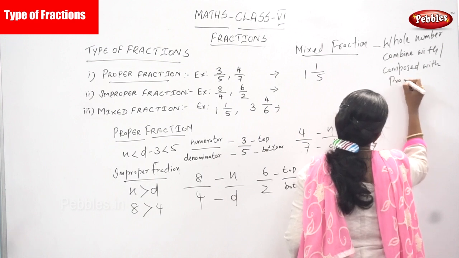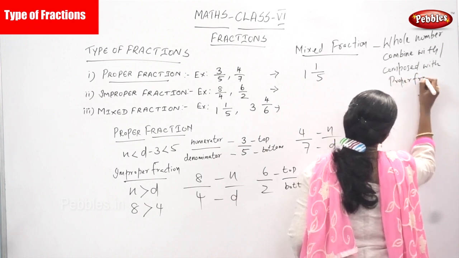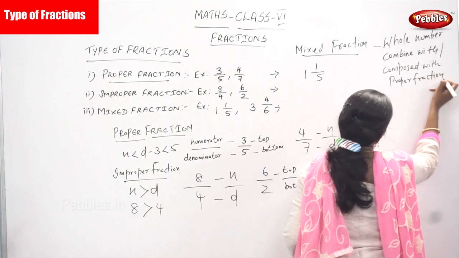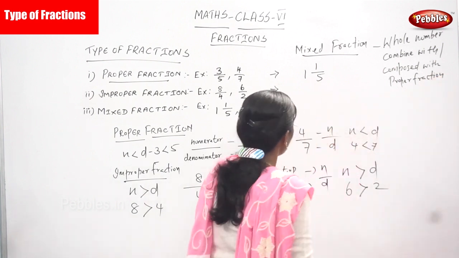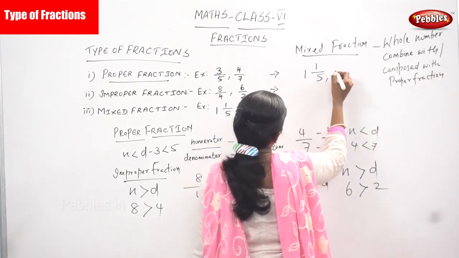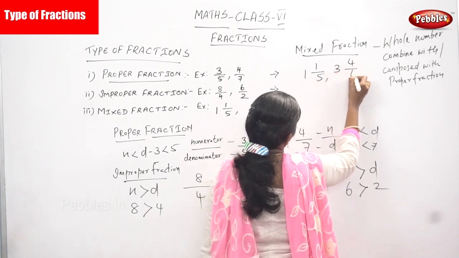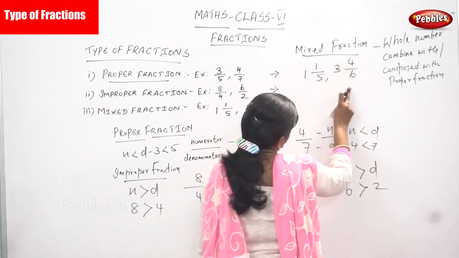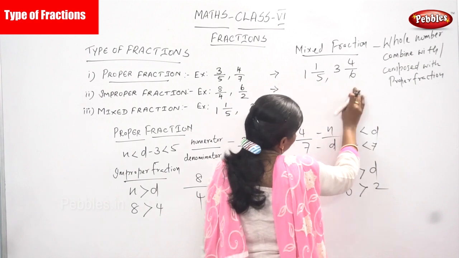Whole number combined with a proper fraction. What is this? 1 and 1 by 5, and 3 and 4 by 6. These are mixed fractions. This is not the answer, these are the examples.